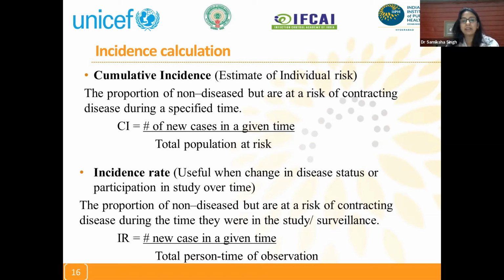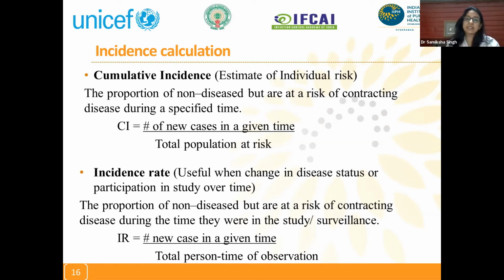Then in more sensitive indicators and rarer diseases and more sophisticated indicators, you may like to calculate incidence rate. See, most of you would be doing cumulative incidence, but if you are looking at more sophisticated changes, if you really want to take into account for the duration the person or the child is admitted in the hospital, that will make it more sensitive indicator, that is incidence rate.